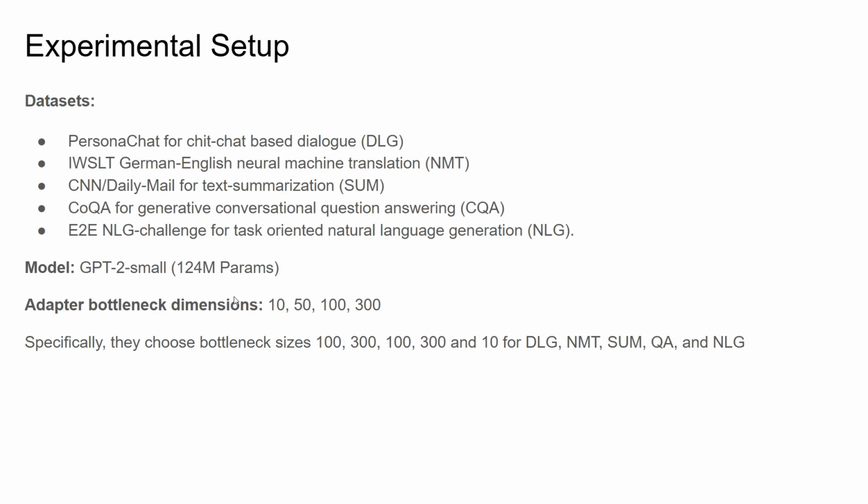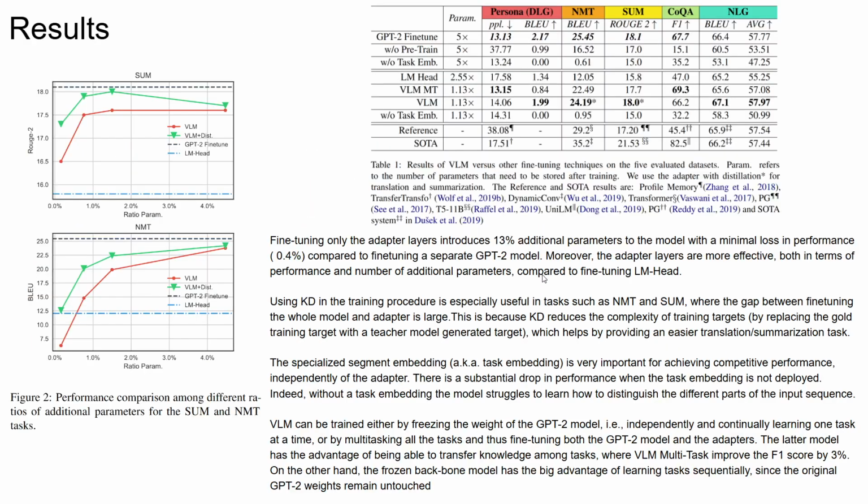This might seem very small by today's standards, but please remember this was 4 years ago. And now the adapter bottleneck dimension, they experiment with all of these sizes, and then they choose these particular sizes for these corresponding data sets. So if you want to maybe run these experiments, this might be a good place to pick the hyperparameters.